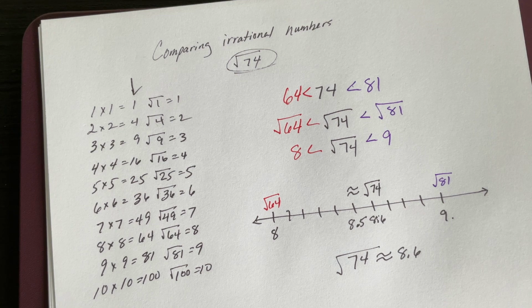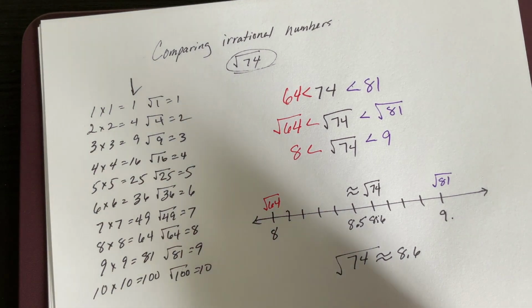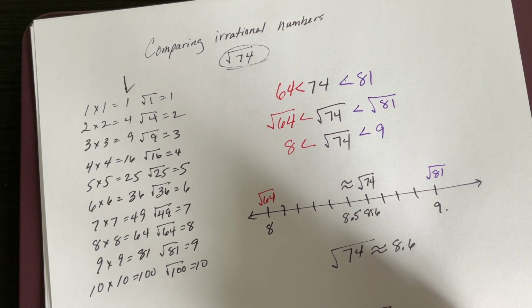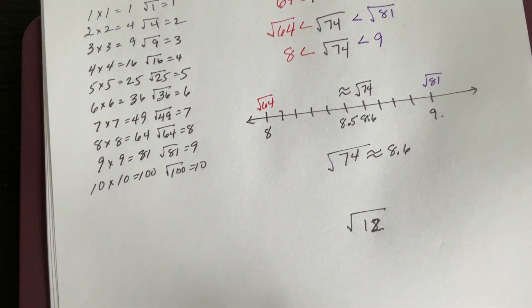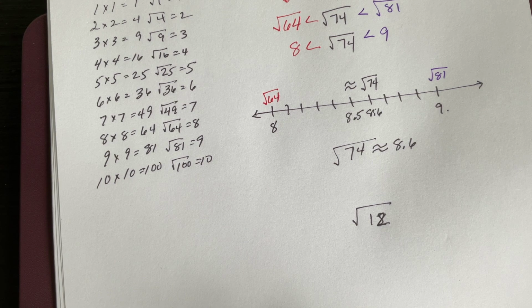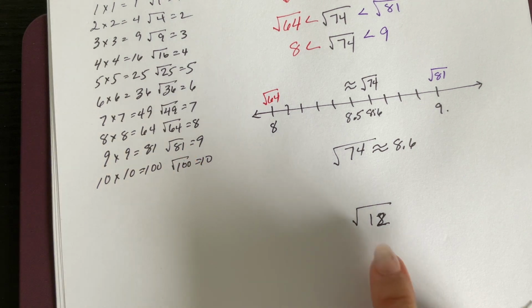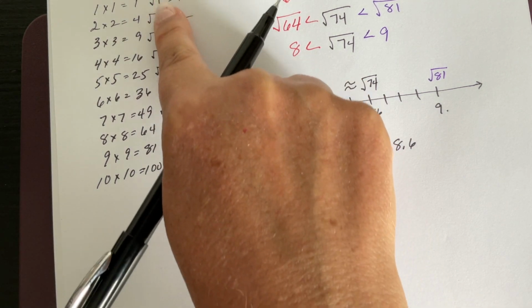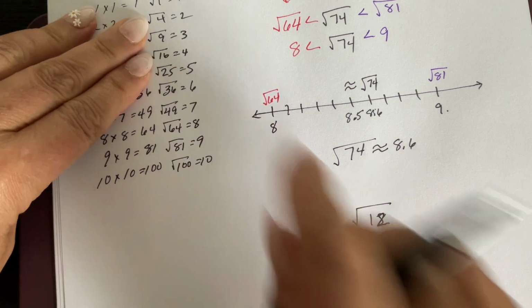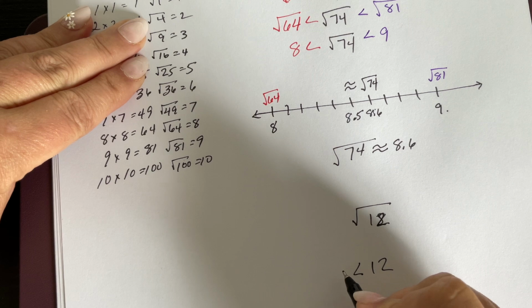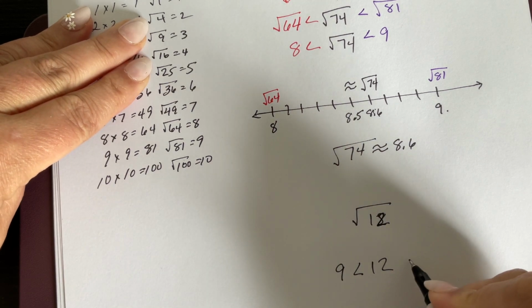Let's go ahead and try another number. Let's say I did the square root of 12. I wrote 18, but I said 12. Let's do the square root of 12. Remember, I'm referring back up to my table over here, even though you may not see it. So I'm going to come up to the 12 is between 9 and 16.